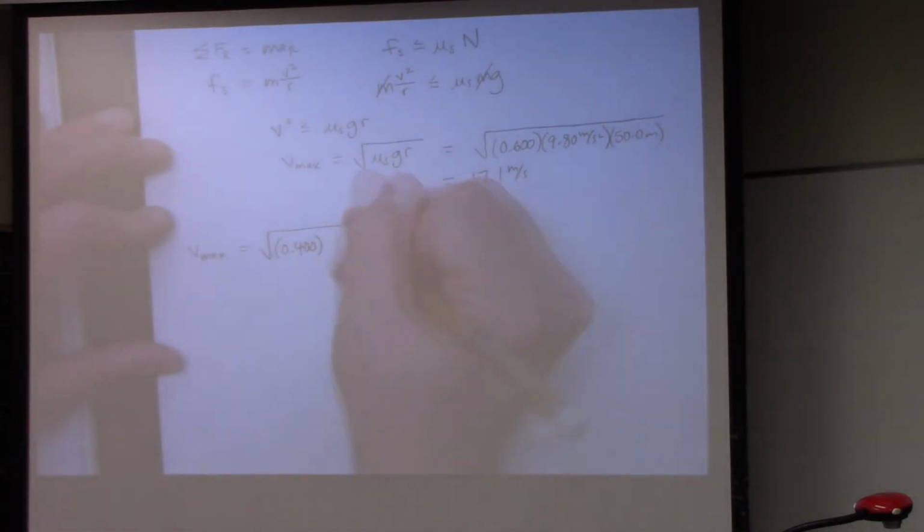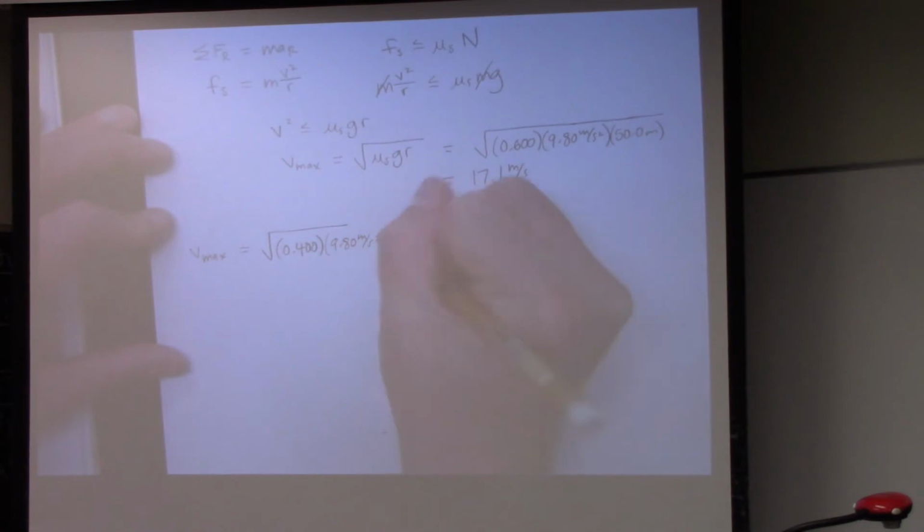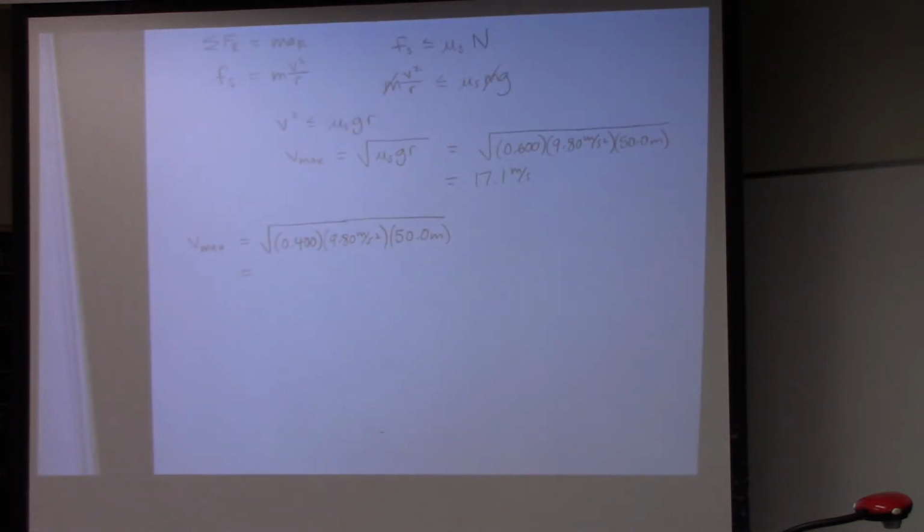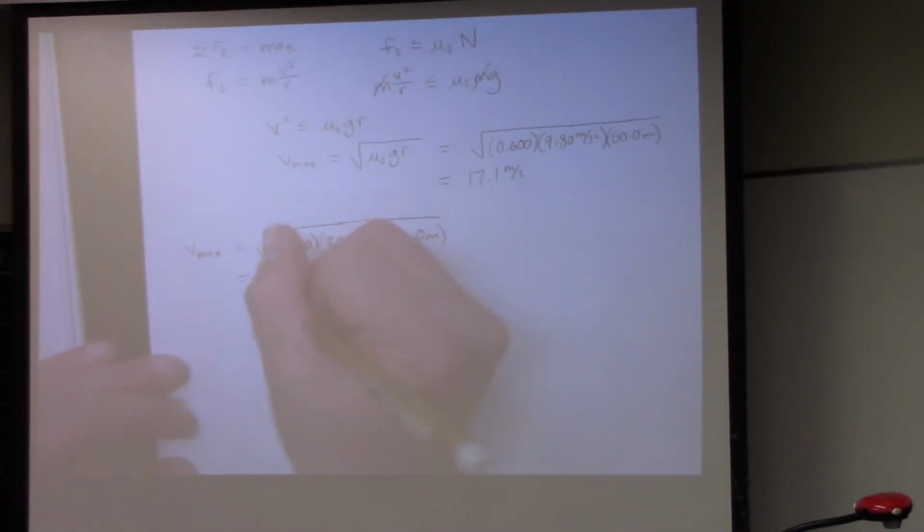So 0.4 times 9.8 meters per second squared times 50 meters, all under the square root, gives us our Vmax. Okay? So you make that calculation, and you get 14.0 meters per second.